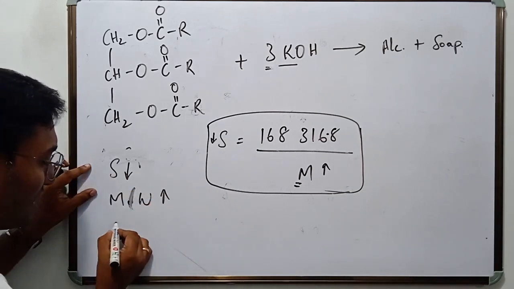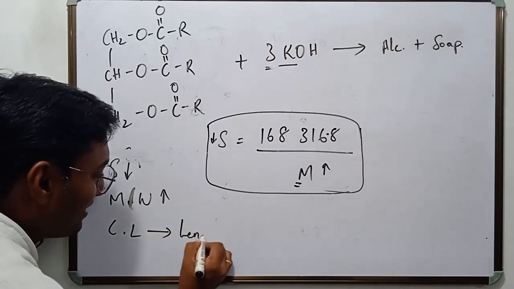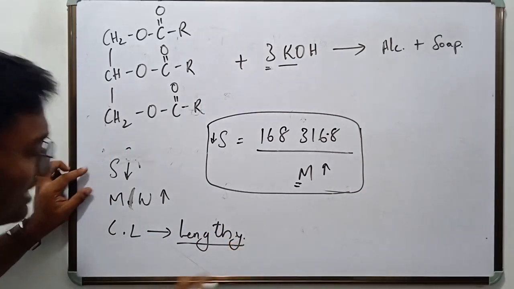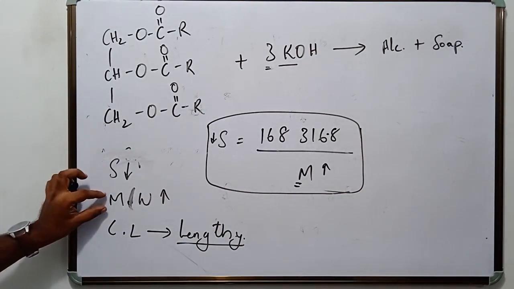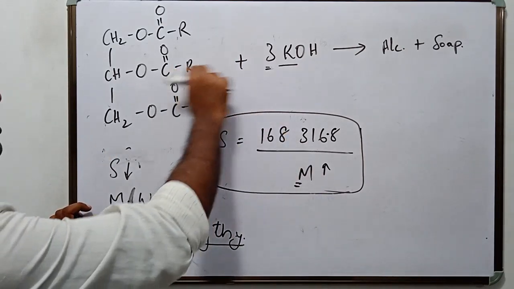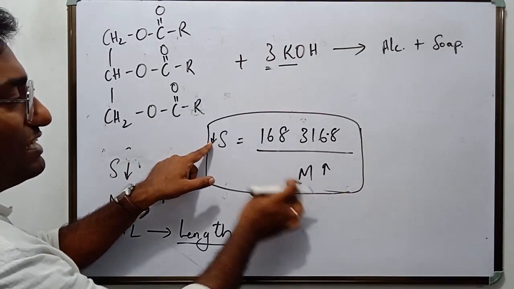It also means that chain length is lengthy. It's not a short chain. So if saponification value is low, molecular weight is high, it means that a more lengthy chain is used. And see, it is having an inverse relation.